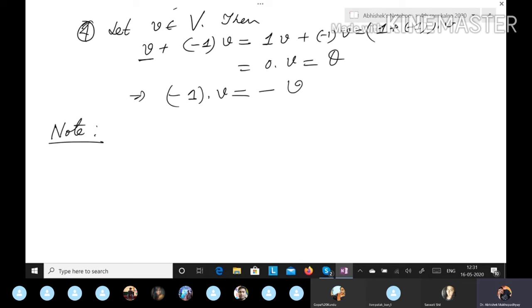That is, suppose we are considering 6 vectors, v1, v2, v3, v4, v5, v6.